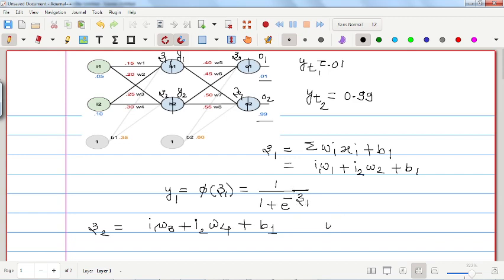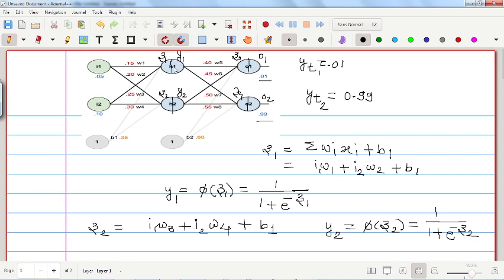Immediately you can find Y2. Y2 equals phi of Z2, which equals 1 by 1 plus e to the power minus Z2.